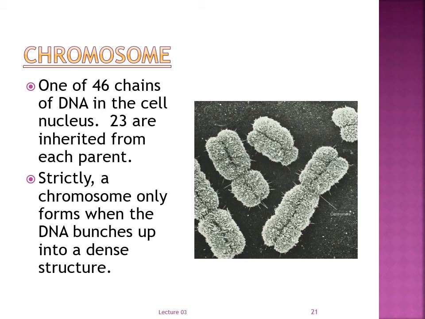At certain points in the cell's life cycle, these 46 molecules bunch up and roll up into dense structures called chromosomes. Chromosomes are like genes. They're not things so much as labels for a period of time in the process of DNA replication. And that's what's going on when a DNA strand forms a chromosome. It's replicating.